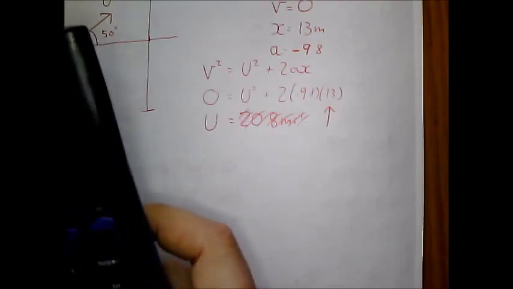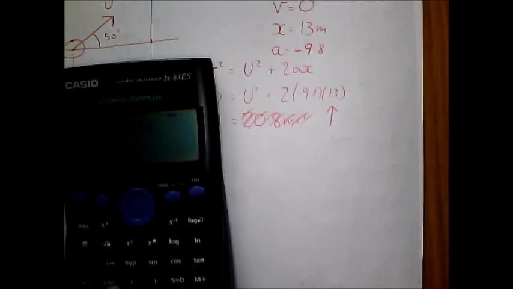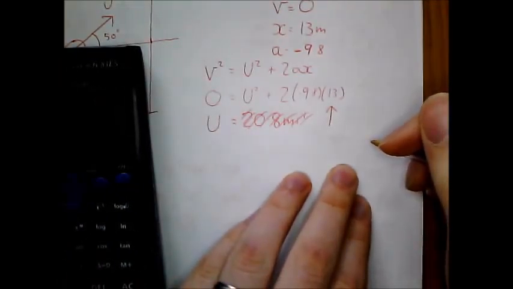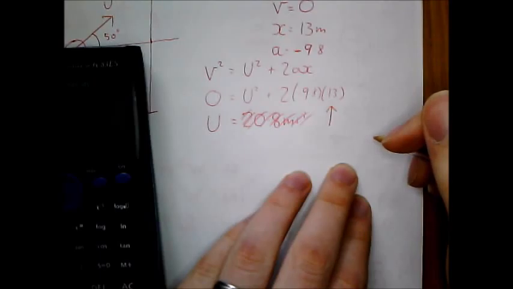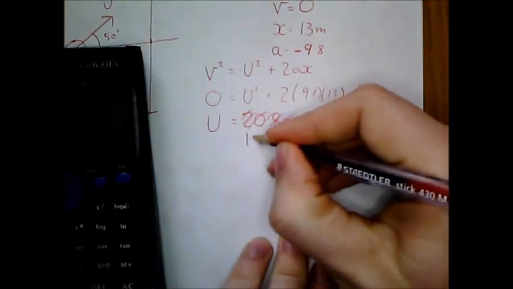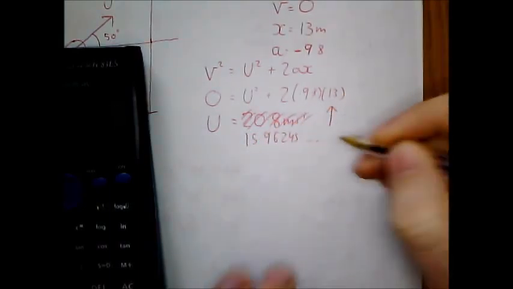2 lots of 9.8 lots of 13, square rooted, so that's 15.96245 blah blah blah meters per second.